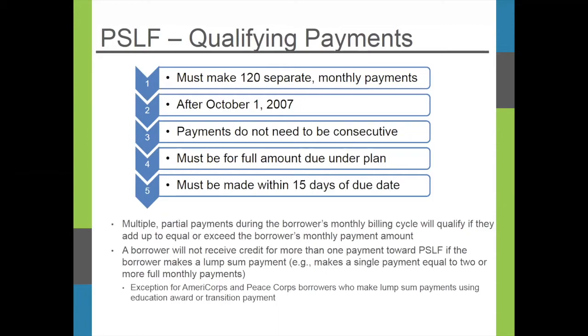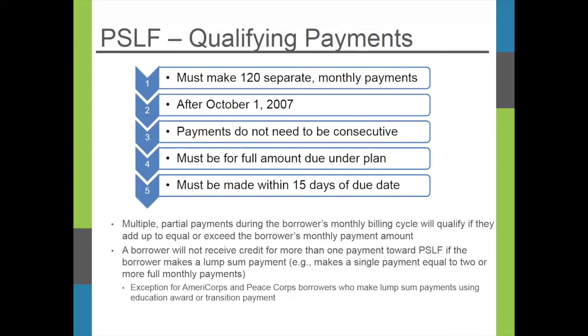To qualify, you must make 120 separate monthly payments. The loan had to be made after 2007. Payments do not need to be consecutive, which means, let's say this month is September, you had a student loan payment due, you didn't pay it, and you have one in October. Let's say you didn't make the payment in September, but you made 2 payments in October, that still counts.